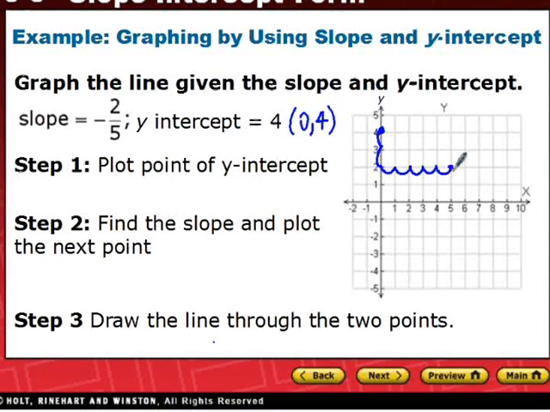And notice I'm counting the jumps or the spaces. I'm not counting lines. It's like you're basically just drawing the triangle to the dimensions that you need. And the dimensions that we needed were a run of 5 and a rise of -2.